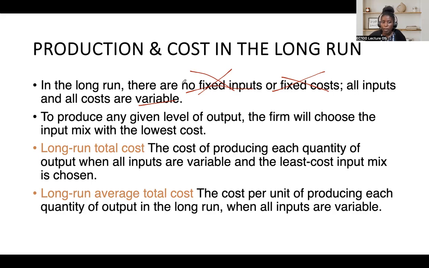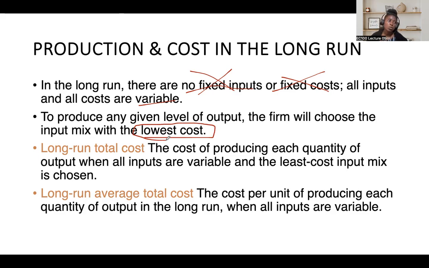So to produce a given level of output, the firm will choose the input mix with the lowest cost. This is what is going to guide the choice of combination.